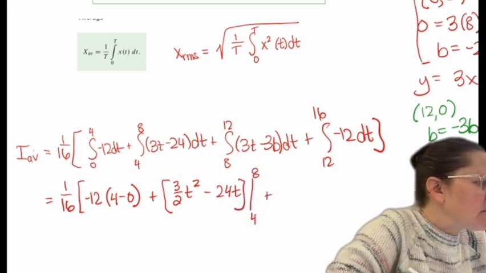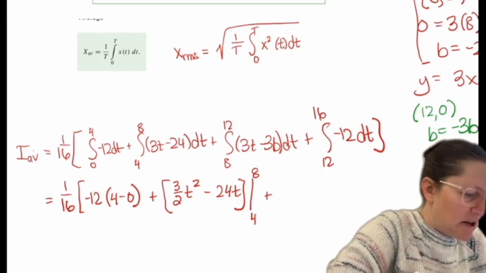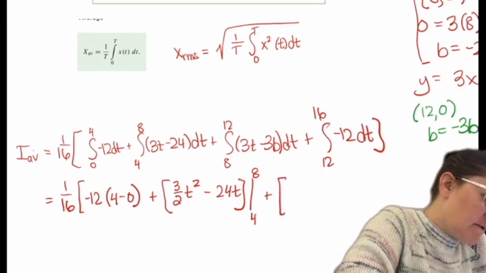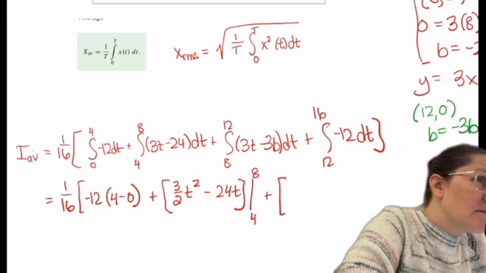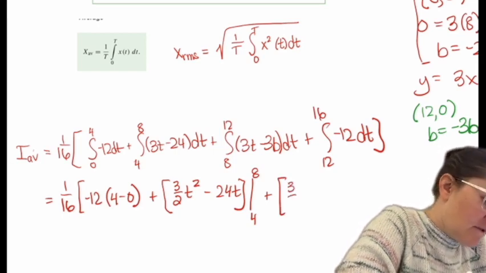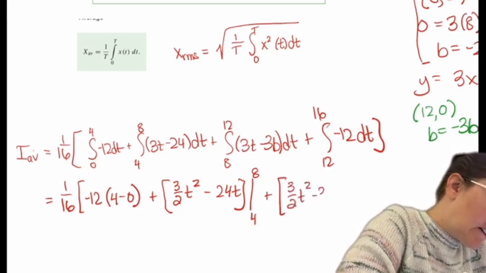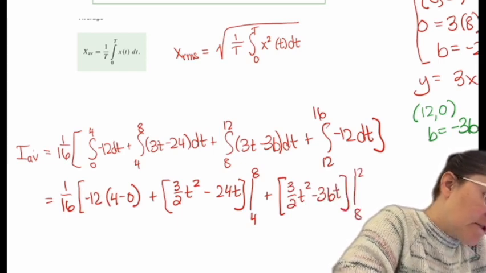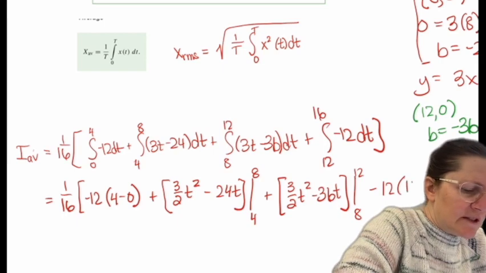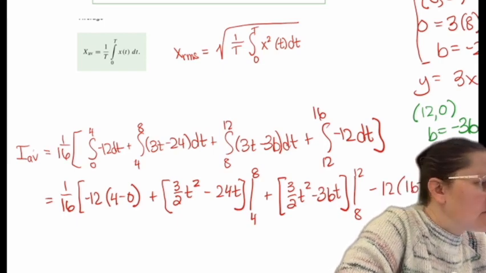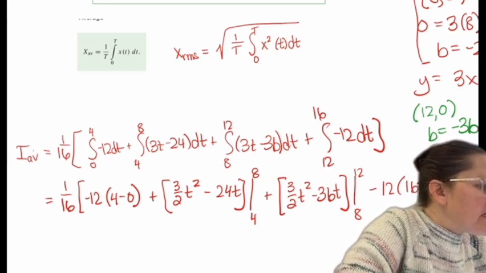And then the 3t minus 36 becomes 3 over 2 t squared, minus 36t, evaluated from 8 to 12. And then minus 12 times 16 minus 12.